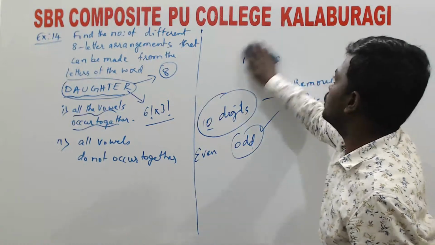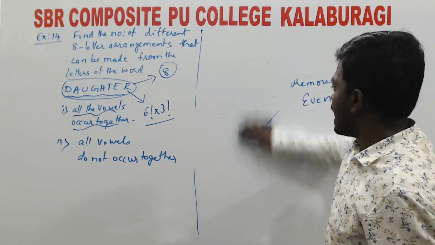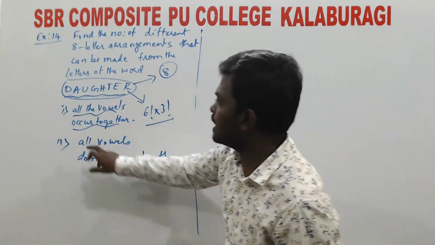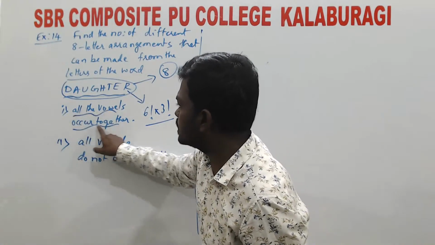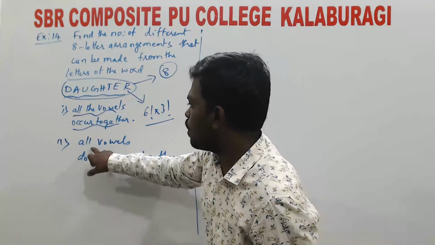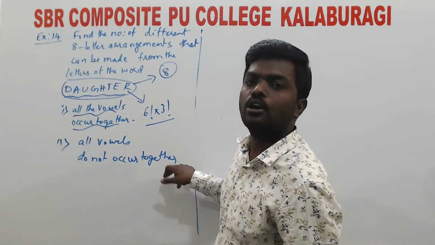In the same way, among the total arrangements, remove all the cases where vowels occur together. What will you get? All the vowels do not occur together.